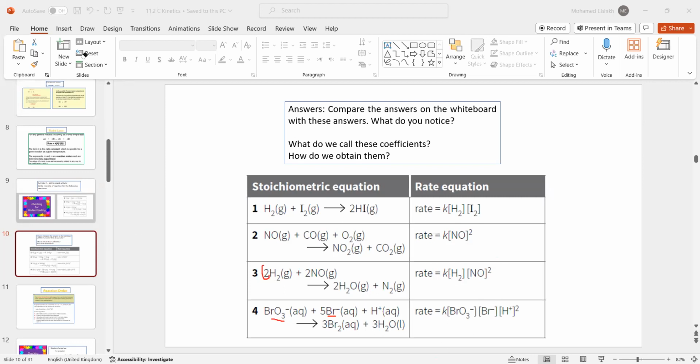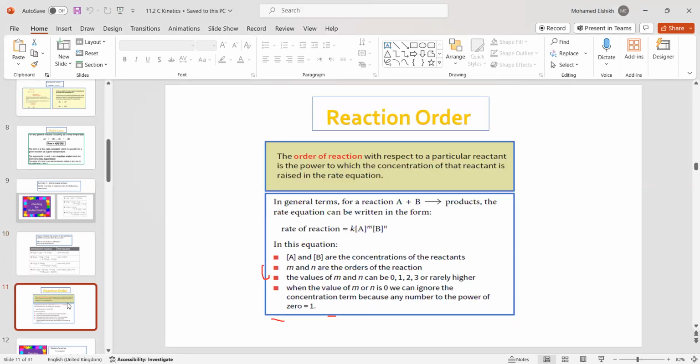Okay, the next thing we need to be looking at here is the reaction order. So what is then reaction order? The reaction order with respect to a particular reactant is the power to which the concentration of the reactant is raised in the rate equation. So this is the definition of the reaction order.